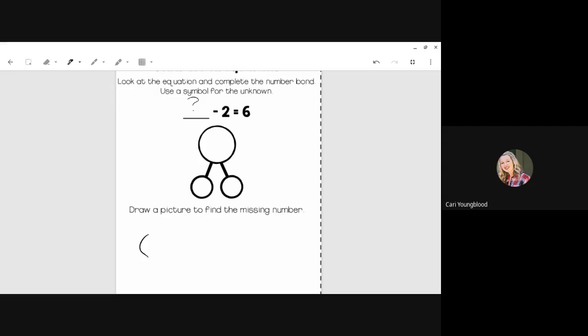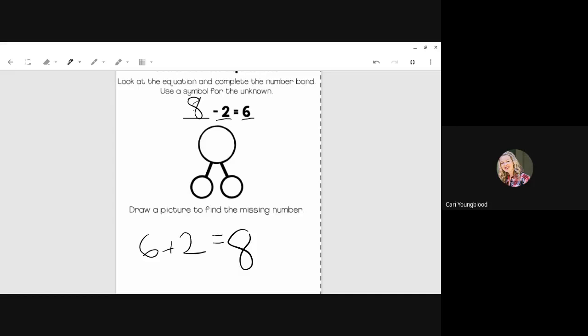And I'm going to do 6. And then instead of subtracting, I'm going to add back this 2 that they took away because that's going to tell me what number I started with, the biggest number that I started with and took 2 away from to get to 6. So what is 6 plus 2? 8.